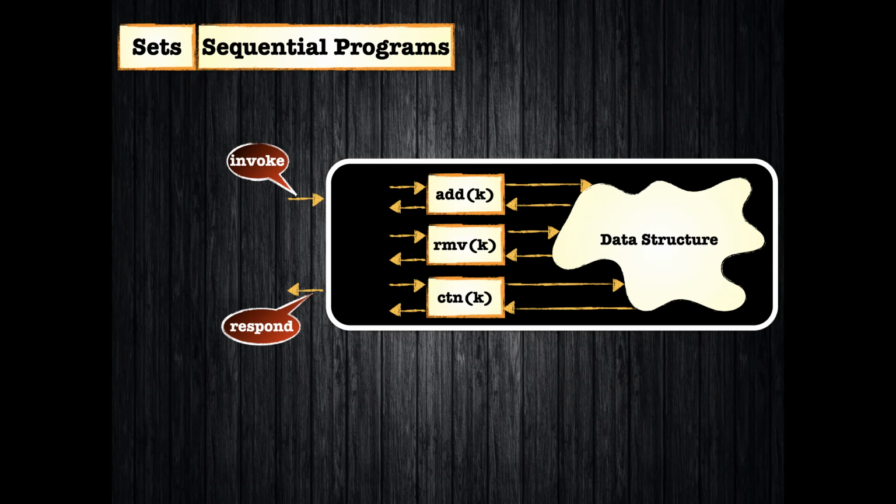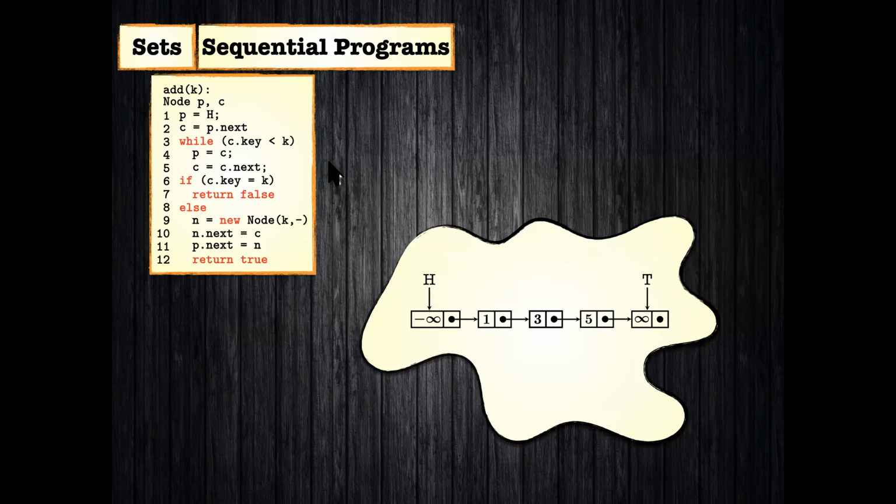For instance, in this particular implementation of a set, we had this sorted list of integers with sentinel nodes H and T. This will be the data structure that stores the state of your abstract data type.